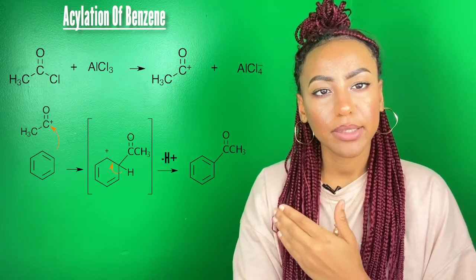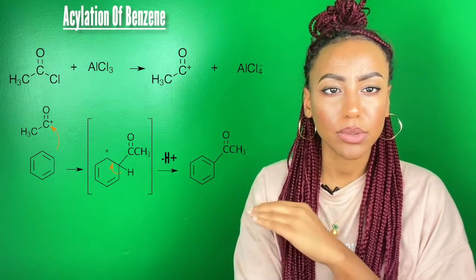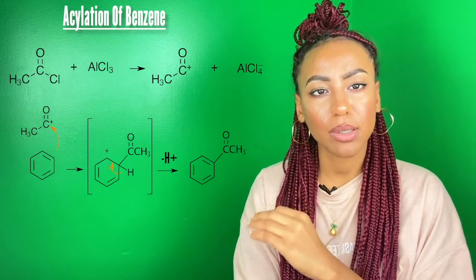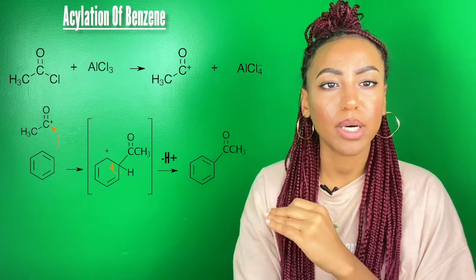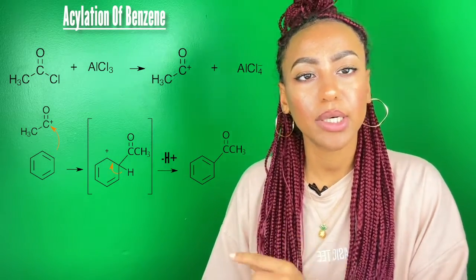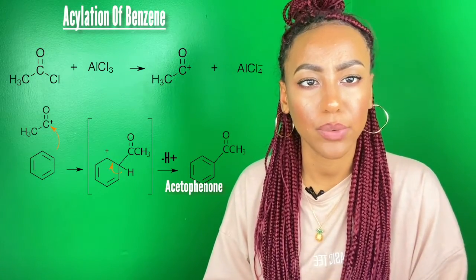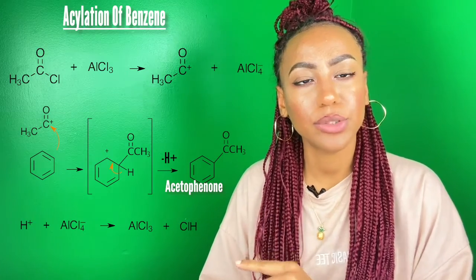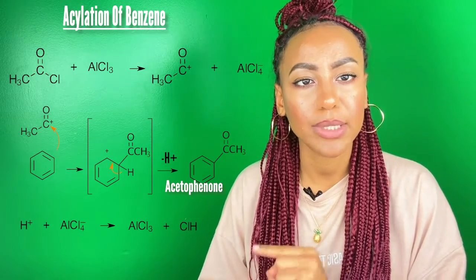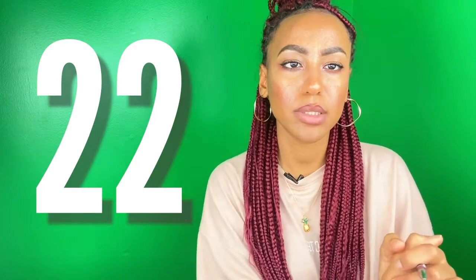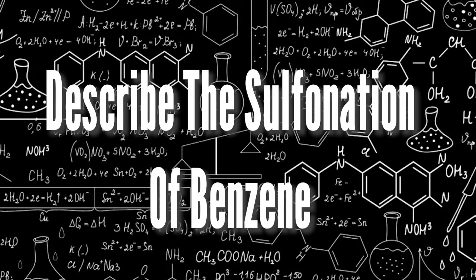That acylium ion then attacks the pi electron cloud on benzene, leading to the formation of the resonance stabilized carbocation, i.e. the arenium ion. That arenium ion then loses a hydrogen to form the desired product, which in this case is acetophenone. The proton loss is then used to regenerate the Lewis acid used in the beginning, and that is the acylation of benzene.